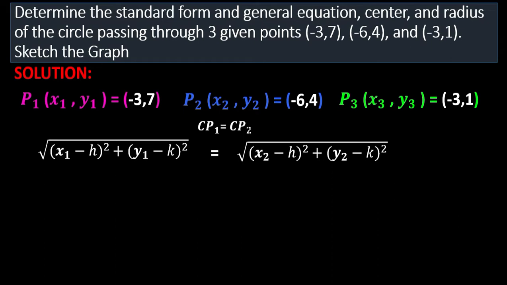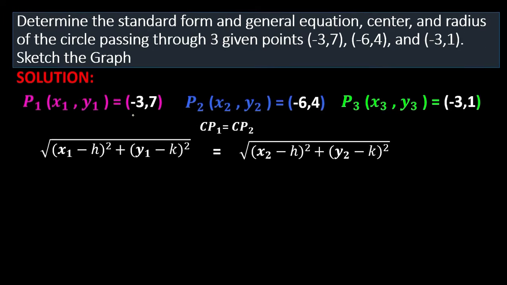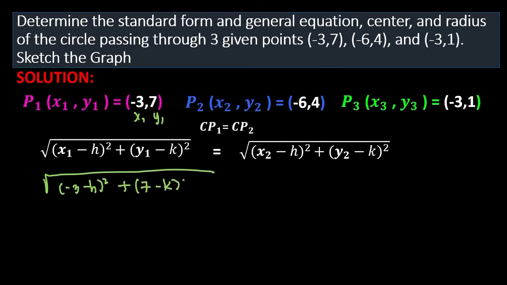First equate the given two radii. So we have CP1 is equal to CP2. So we're gonna use the distance formula. So let negative 3 be our x sub 1 and 7 be our y sub 1. Now let us substitute. So we will have negative 3 minus h square plus 7 minus k square. Let us now have our point 2.